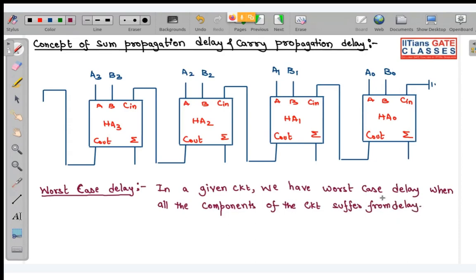That means what? If I have a circuit, I am assuming that all the outputs are making a transition. Due to that, we have maximum delay.